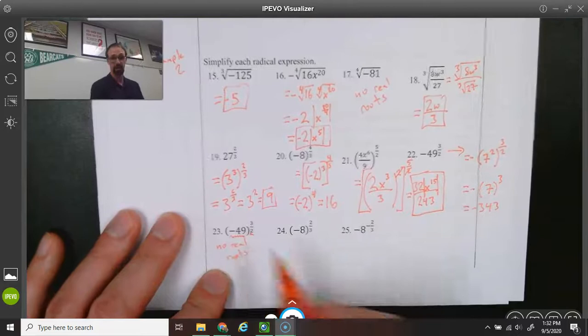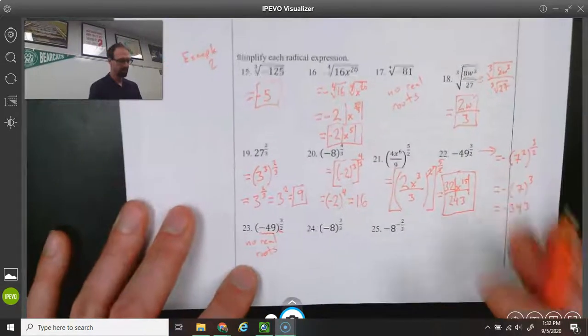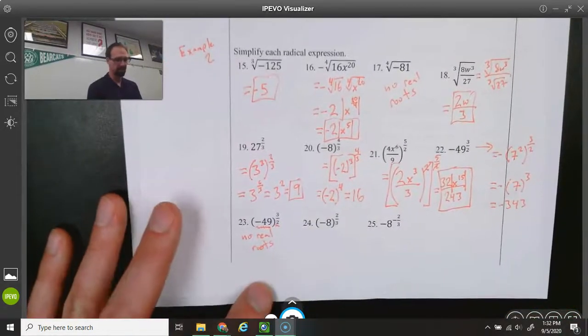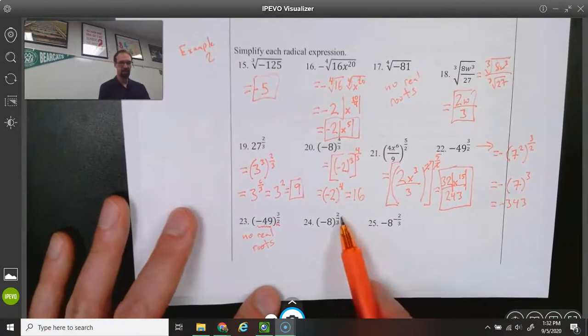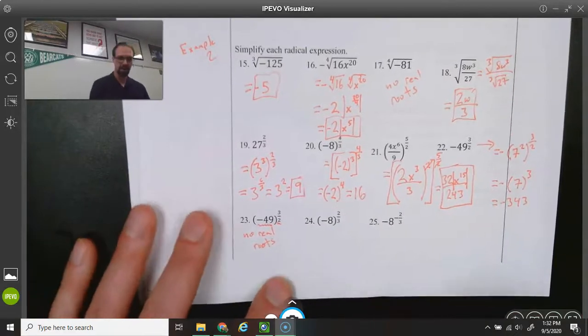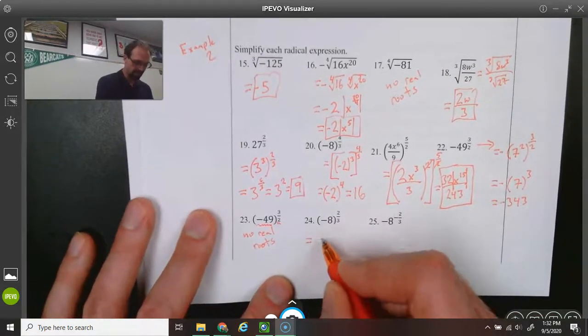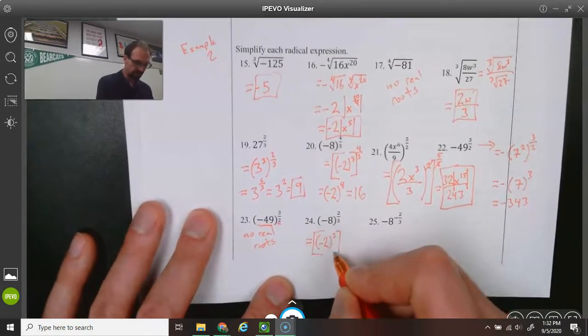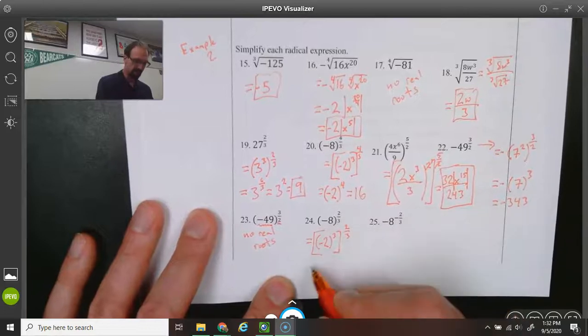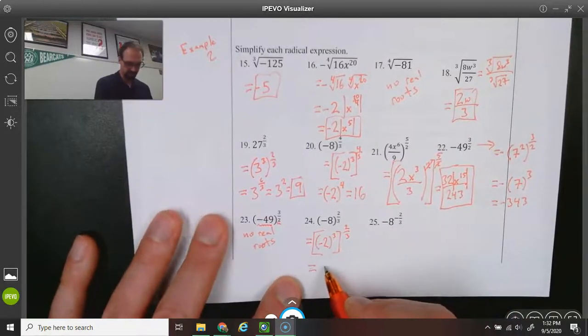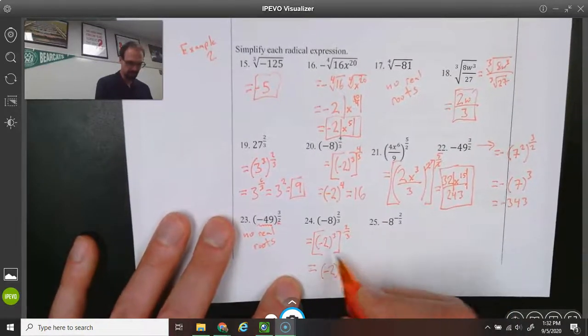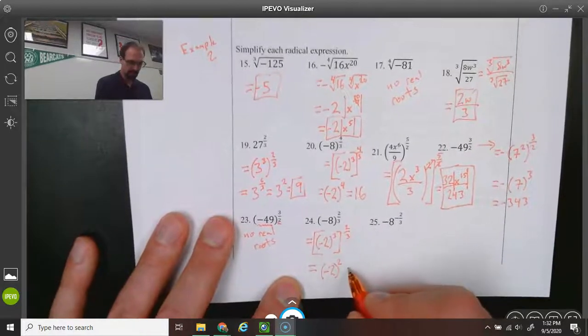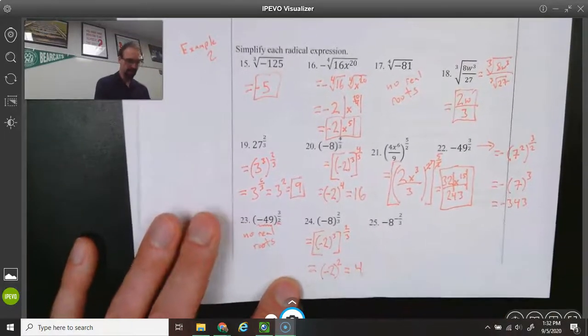Because negative number, even denominator exponent. 24, we have negative 8 to the 2/3. I can rewrite negative 8 as negative 2 cubed. And if that's raised to the 2/3, then I can simplify. So I have negative 2 in parentheses squared. So that gives me 4.